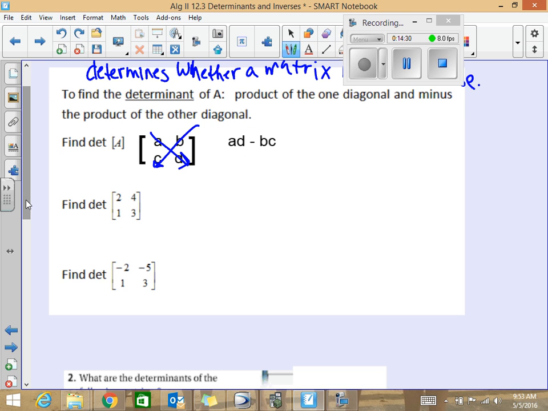Okay, so it's actually pretty easy. If we look at this one, to find the determinant, we do 2 times 3, which is 6, minus 4 times 1, which is 4. So the determinant is 2. So if we're asking, could we find an inverse for this matrix? The determinant is 2, so yes, we could.